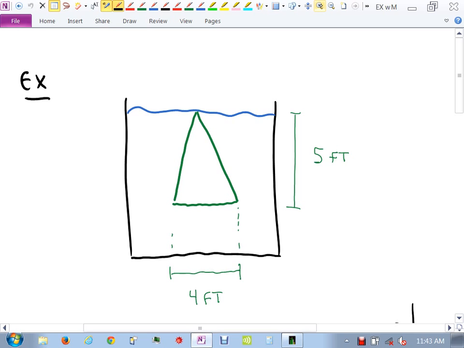Well, this isn't a right triangle, so not necessarily, but possibly. That would be a question. Would it be just a ratio of what you would find? Like if it was a rectangle, would this answer just be the ratio of the area? Would the ratio of the force be the ratio of the area? What do you think?